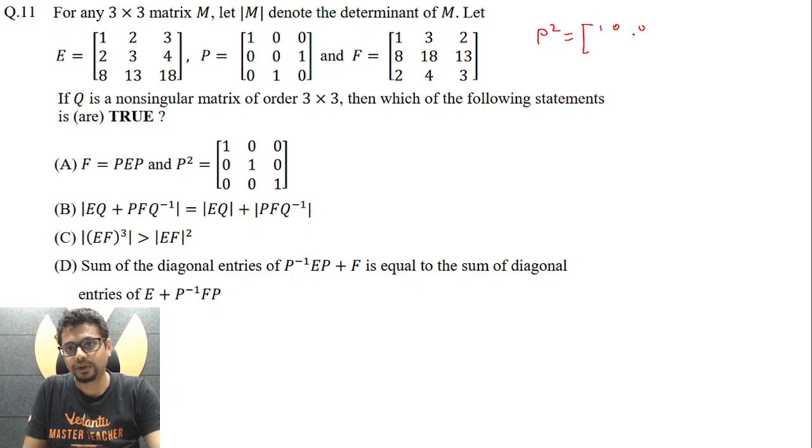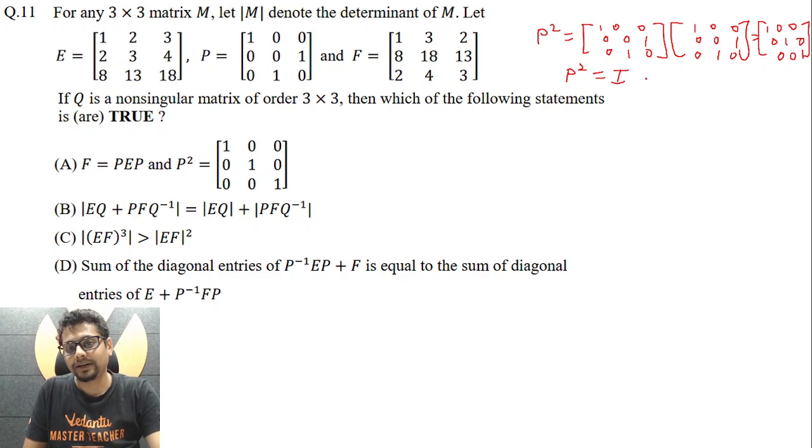It becomes 1 0 0, 0 0 1, 0 1 0 times 1 0 0, 0 0 1, 0 1 0, and if you see it carefully, it's very simply 1 0 0, 0 1 0, 0 0 1. So that essentially means P square turns out to be identity matrix. That also means P is inverse of itself.